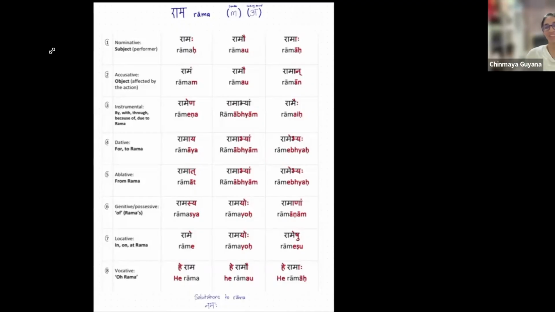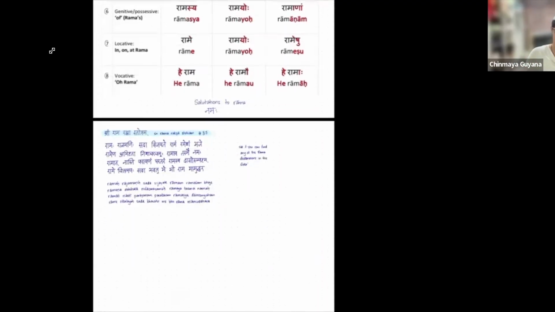So now homework. Listen to your homework. I'm going to say the table one more time, but the homework I want to tell first. Homework number 1. Write the Rama table in your book. I know I will send it on WhatsApp. I know some of you have printers.